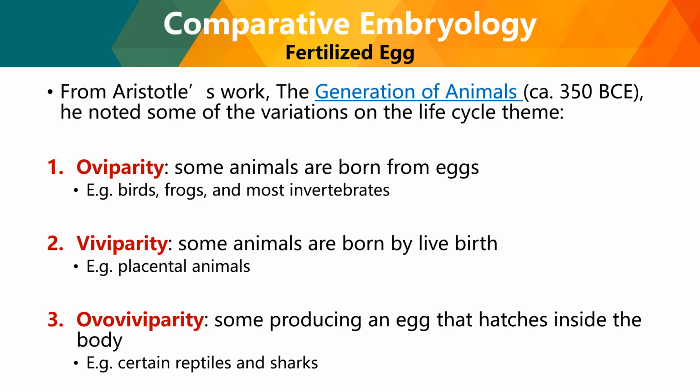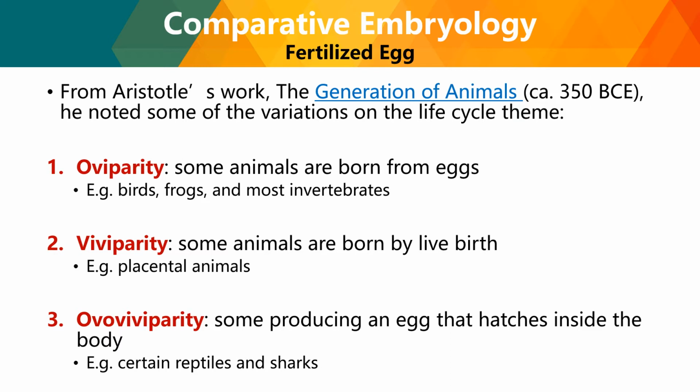So in comparative embryology, this is an application of Aristotle's work. In his generation of animals, he noted some of the variations on the life cycle theme. So it is more on the fertilized egg. How did he describe the fertilized egg by using descriptive or anatomical studies? He said that some animals are born from eggs, which we call oviparity. Examples of these would be the birds, the frogs, and most invertebrates.